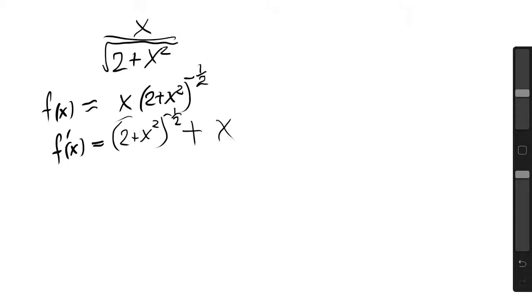We have the x being intact, then we multiply by the derivative of that bracket, which is minus a half times 2 plus x squared to the power minus 3/2, and then we have to chain the derivative of the middle, which is just 2x.